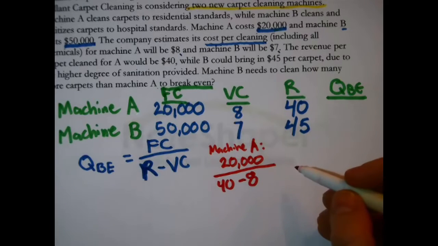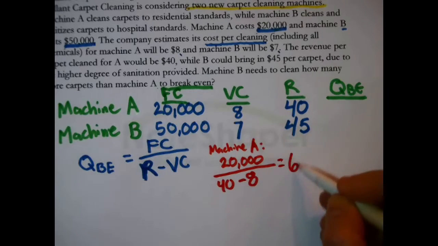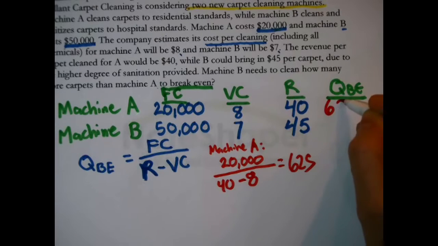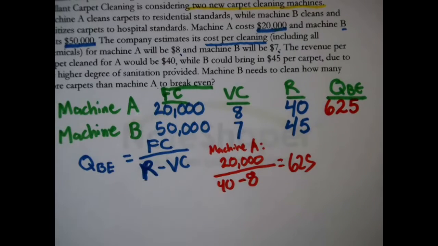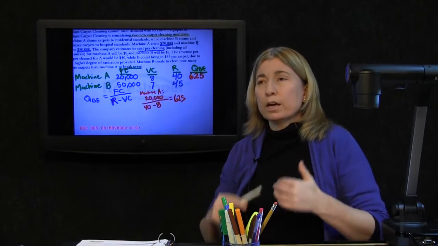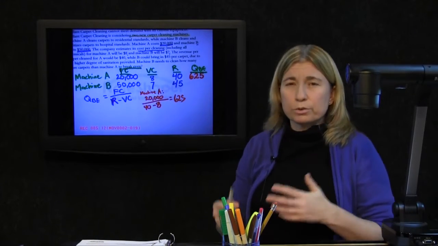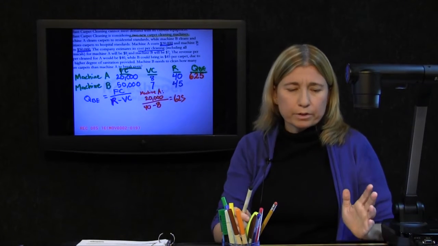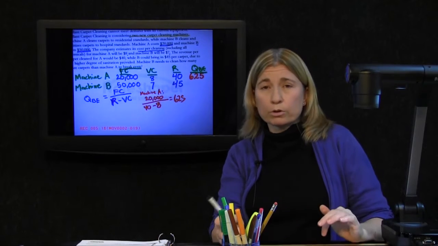I get that that is 625. That's the result of that formula. Filling that in on the table. So if Gallant Carpet Cleaning were to purchase machine A, they would have to clean 625 carpets in order to cover their costs. Now, wait a minute, what about machine B, the more expensive machine?